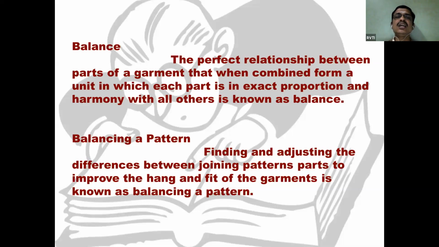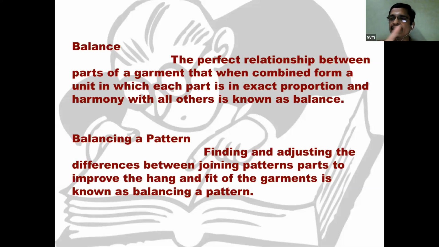Okay. Balance means we are preparing the front pattern, back pattern and sleeve pattern all together, but all should have equal proportion or should match properly. How? For example, if I am drawing the neck curve, after drawing the neck curve I am going to prepare the collar pattern.